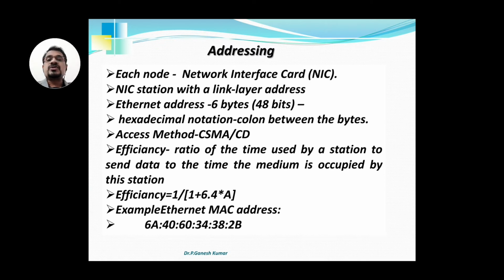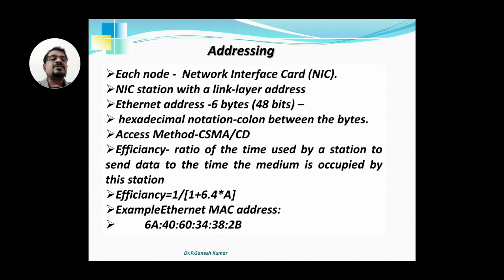Suppose a station wants to send data: how much time does it use the channel, and how much data is sent in that time? The definition is the ratio of the time used by a station to send data to the time the medium is occupied by this station. Practically, this efficiency can be calculated as 1 by 1 plus 6.4 into A.